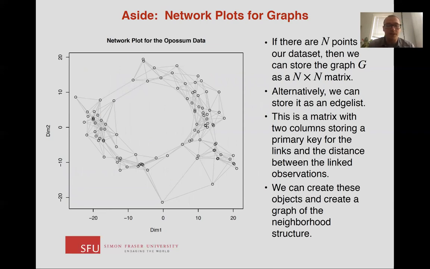So here again is our possum data. What I've done is run Isomap here, and we're looking at the network plot associated with the data. I think I chose k equal to 5 nearest neighbors here. So you can see each data point is linked to its 5 nearest neighbors.